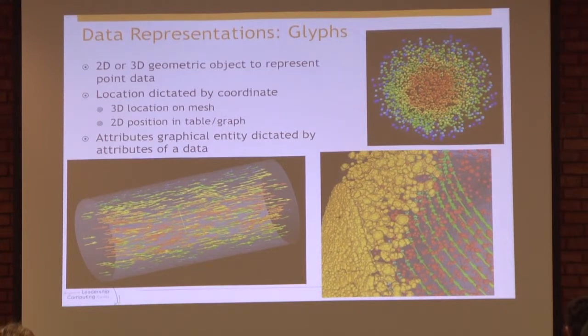And then in the one on the lower right, the particles' color is dictated by the type of particle they are, or their state. So you take different attributes of the data and apply those to different attributes of the glyph.